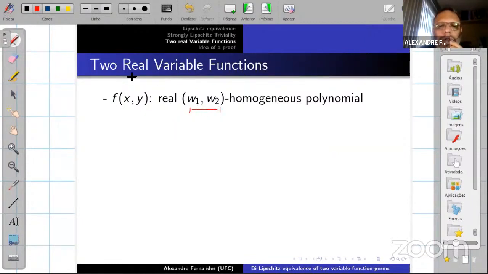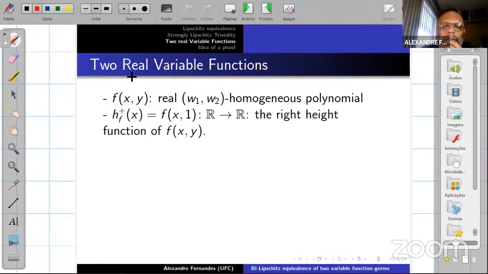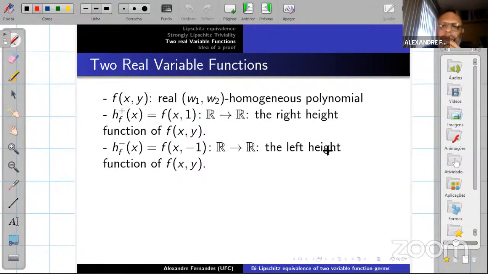Associated to this weighted homogeneous polynomial, take the right height function, the restriction of our function to this line, and take the left height function of f, the restriction of our function to this line, y equal to -1. Then you have two height functions.